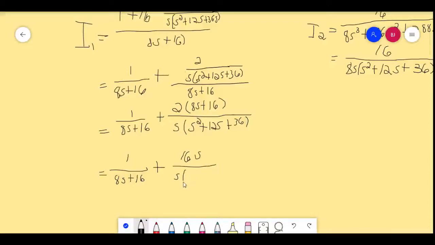And then s squared plus 12s plus 36. Then 2 times 16 is 32, multiplied by s squared plus 12s plus 36.